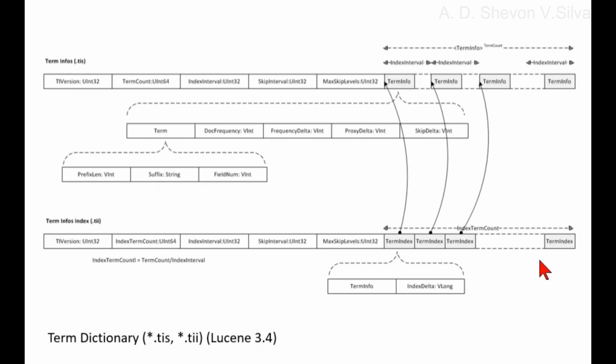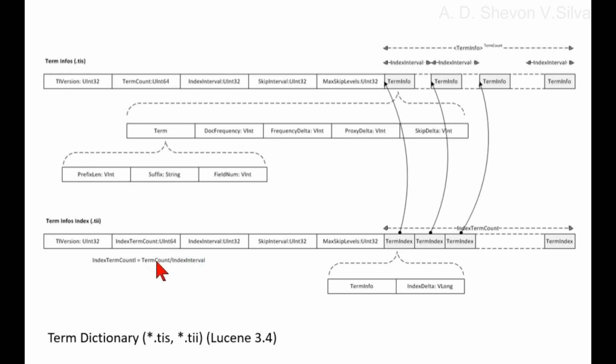The term info index .tii: TI version, uint32, index term count, uint64. Index term count equals term count divided by index interval.